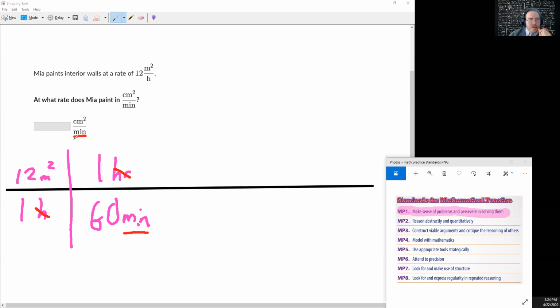Converting from meters squared to centimeters squared is really sticky. So what we've got to do is think about, what is 1 meter squared in centimeters squared? That's the question. I might need to spread that out a little bit.